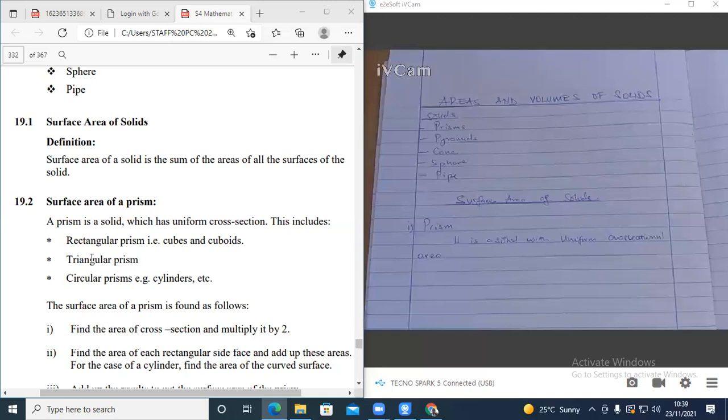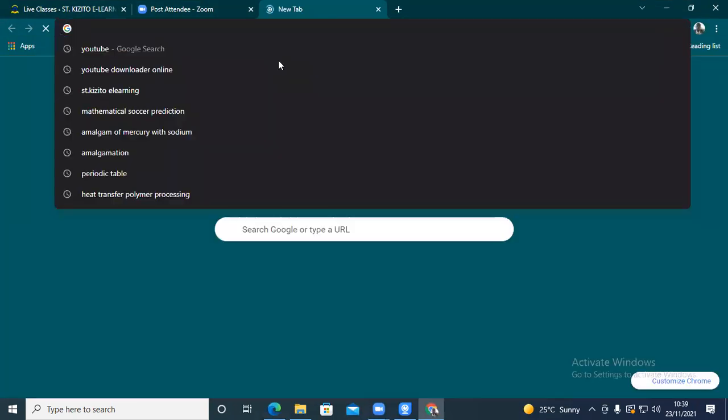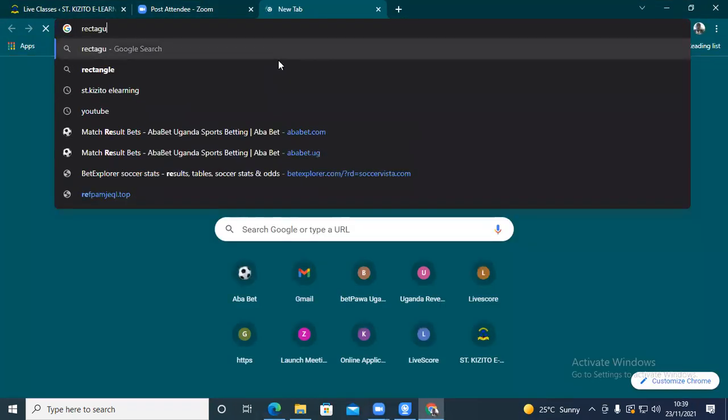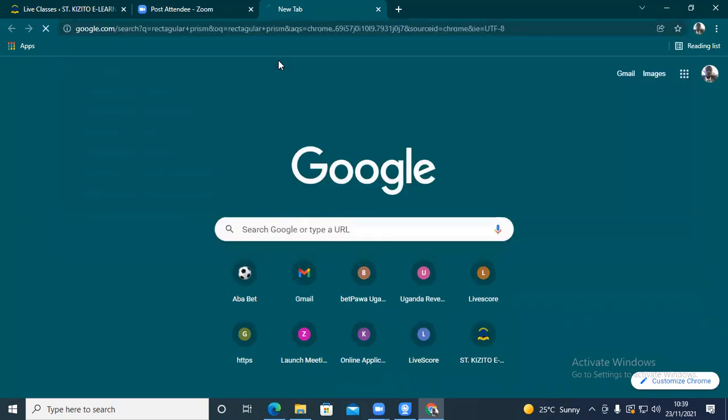So it means that all the way throughout, the prism will have a uniform cross-sectional area of that rectangle. Maybe we can see what rectangular prisms look like here. In this book it's not there, but you can check here. Rectangular prism.